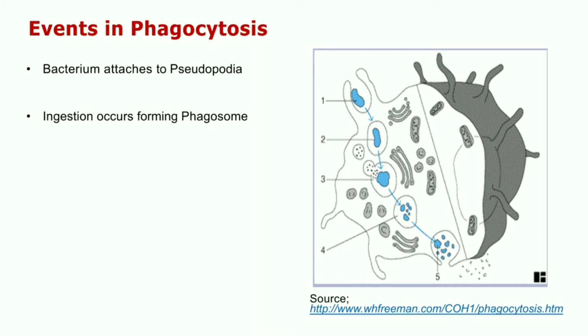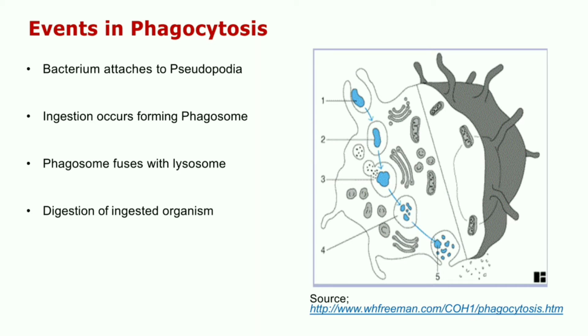The next step is ingestion inside the particular cell, which causes the formation of a phagosome. The third step is the fusion of phagosome with a lysosome. This is known as a phagolysosome.